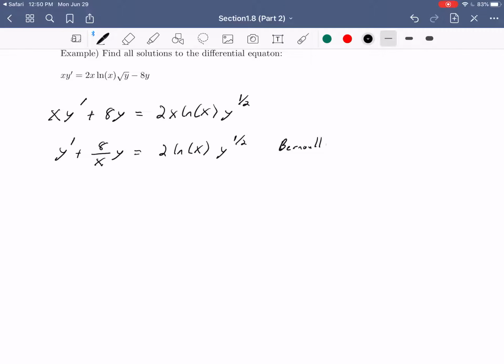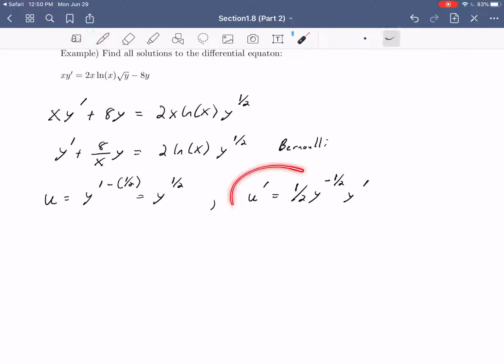This is exactly the Bernoulli format. So we are going to do our substitution. U equals y to the 1 minus, and our exponent here is 1/2. So 1 minus 1/2, which means we're actually doing our substitution of u equals y to the 1/2. That means u prime is going to be 1/2 y to the negative 1/2 y prime.